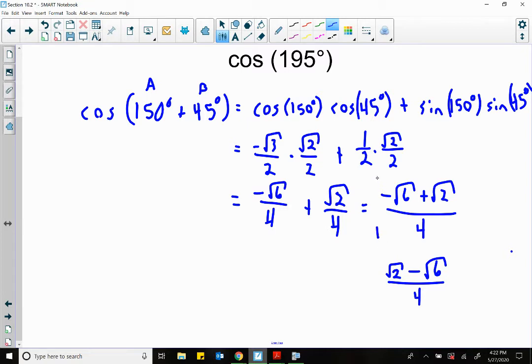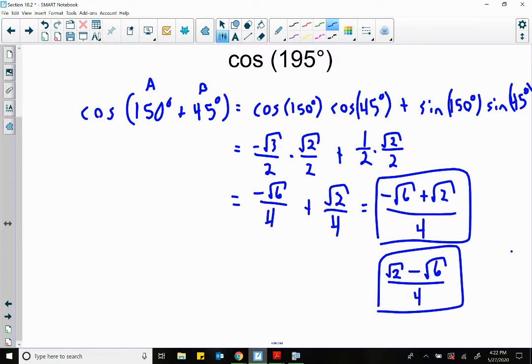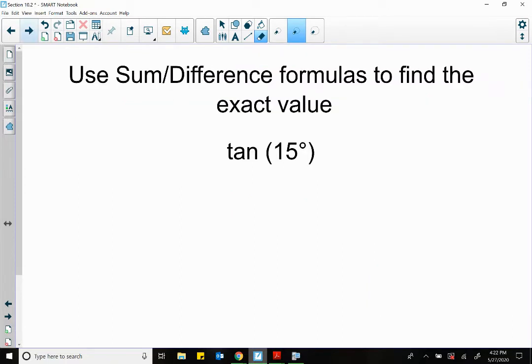Both of those are A-okay answers. Okay? And we would have gotten the same answer had we used the subtracted version of the cosines being added and subtracted. Okay? All right. Try this one. Go.